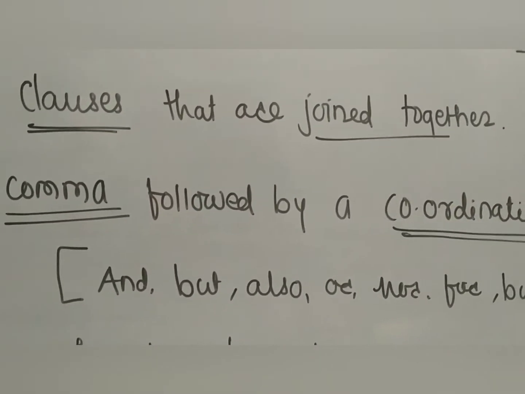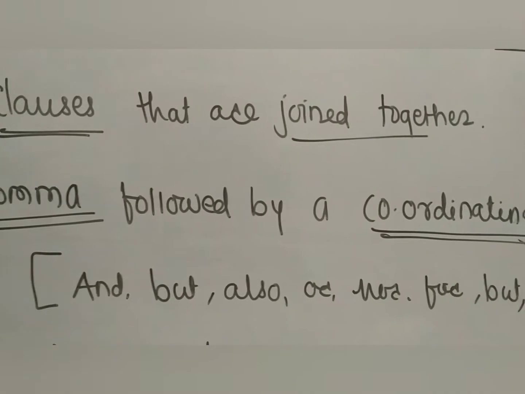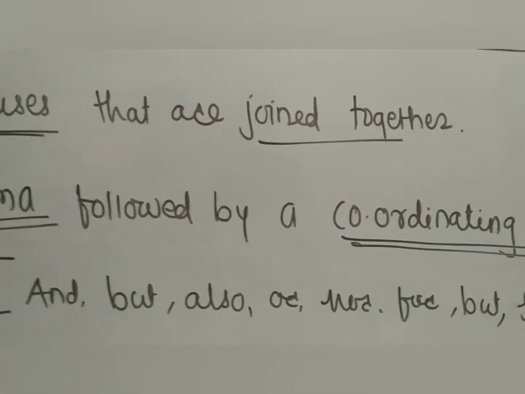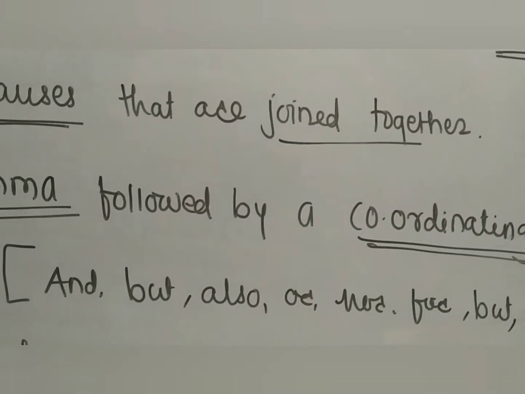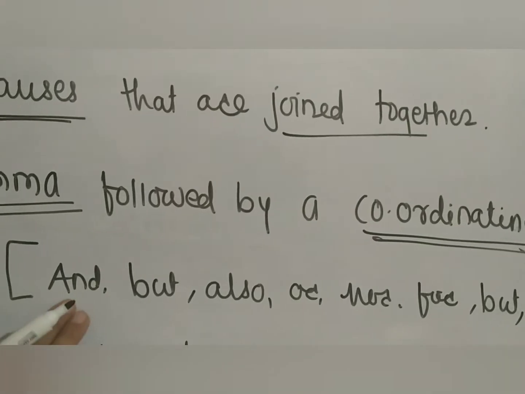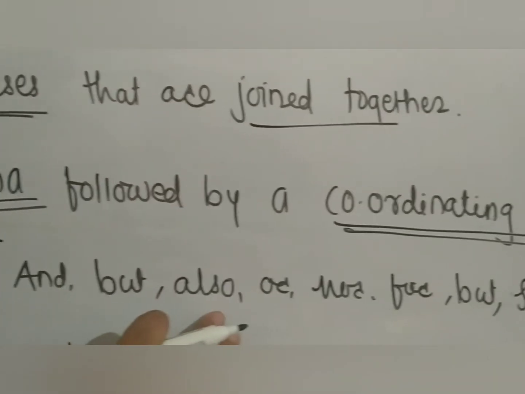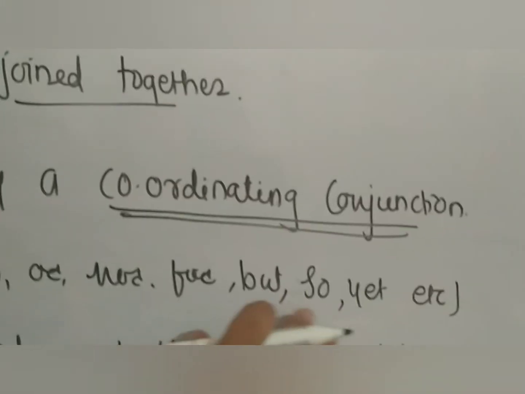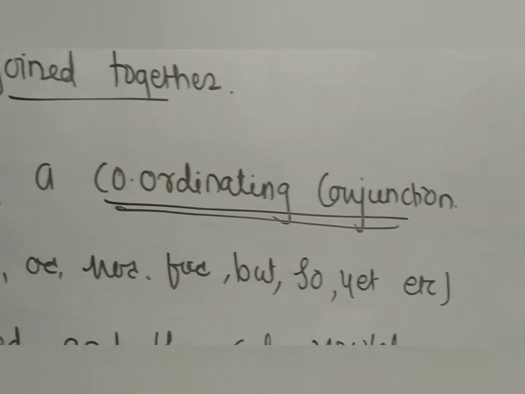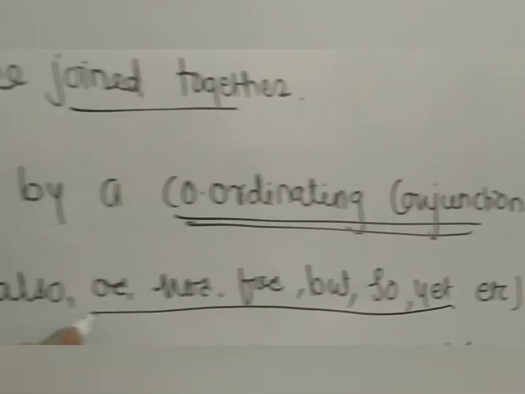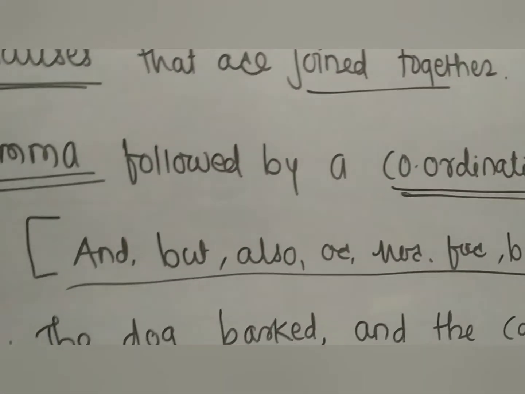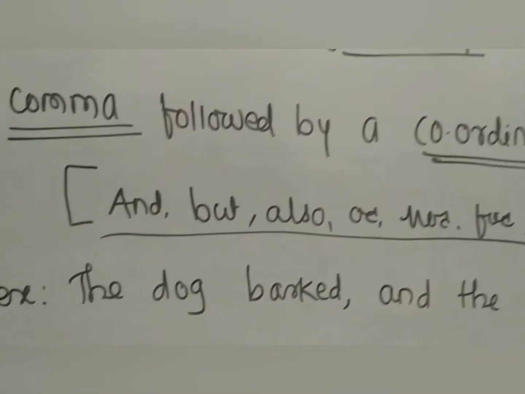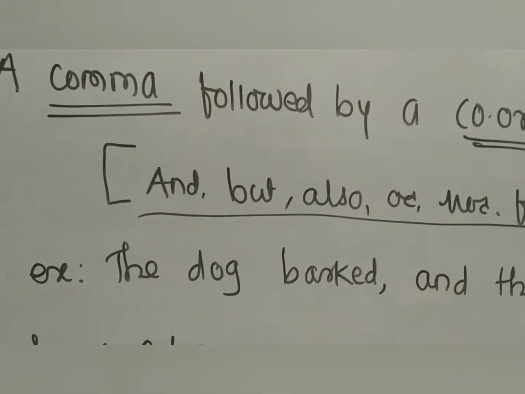Now see the list of coordinating conjunctions: and, but, also, or, nor, for, yet, so, etc. So these are the coordinating conjunctions.